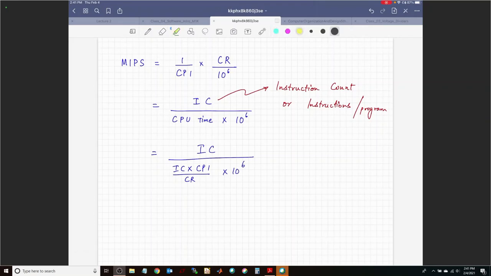I just made a substitution for CPU time based on the classical equation. You can clearly see that IC cancels out, clock rate goes into the numerator, CPI remains in the denominator, you have 10 to the 6, and essentially that ties back into the original equation for MIPS. So we are trying to put together different ways of computing MIPS and how it relates to CPU time.